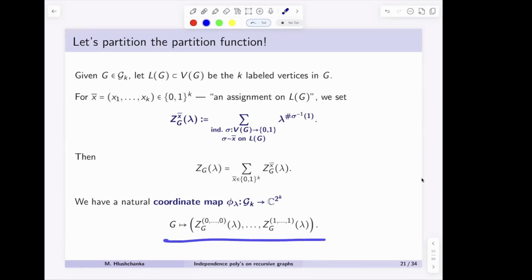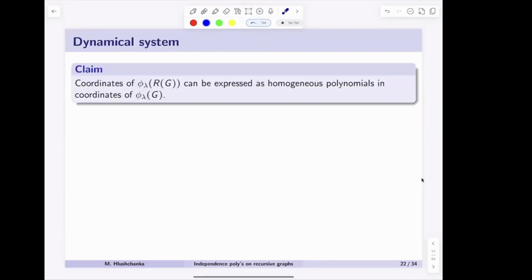So we have a natural coordinate map that I denoted phi lambda. Now the main claim here is that the coordinates for the next iteration of my recursion can be expressed as homogeneous polynomials in terms of the coordinates of the previous iteration.